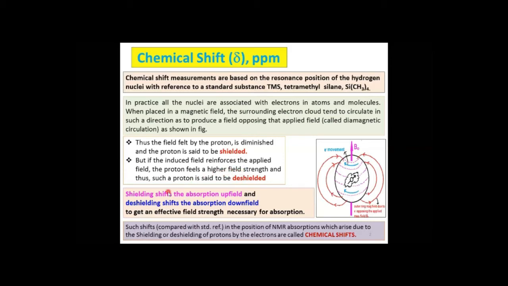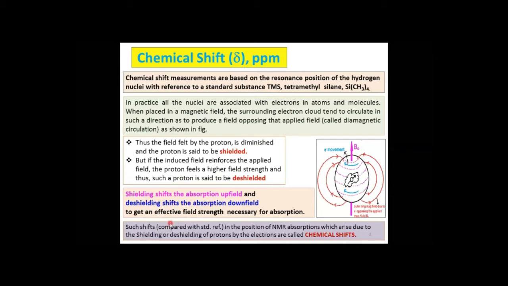So shielding shifts the absorption upfield and de-shielding shifts the absorption downfield, because in order to cause the absorption, they need to get an effective field strength. So shielded protons will absorb at a higher field and de-shielded protons will absorb at a downfield.